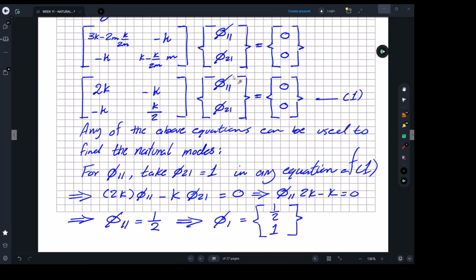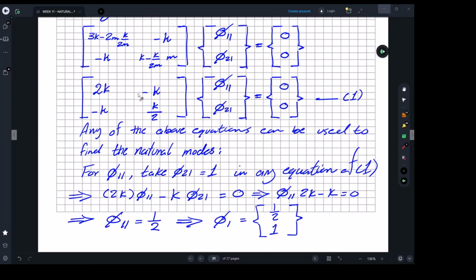So for phi 11, to find the mode shape at level 1, mode shape 1, we're going to assume mode shape 1, level 2 to be 1. And we apply this in any equation within the coupled matrix. Whether you apply it on this equation or on this one, whichever, that's what we did here. So 2k phi 11 minus k: we multiply this by that, and then we multiply this by that, and this gives you one equation.